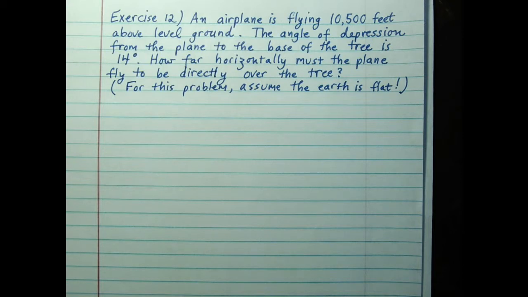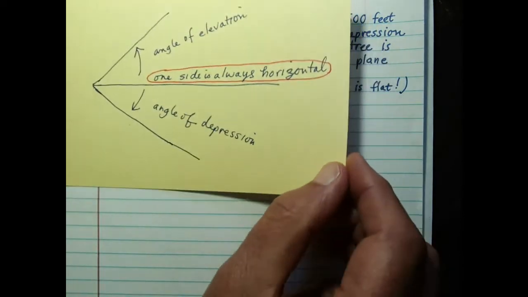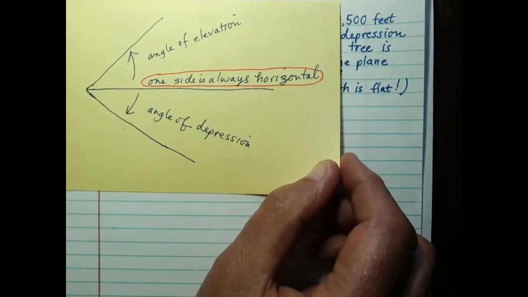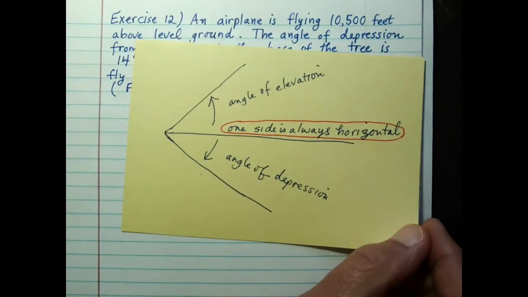Now, you'll see this phrase angle of depression occurs in this problem, and it's really crucial that you understand what angle of depression means. There's really just one fundamental fact to get down, and then you'll never have trouble with it. I wrote this on a yellow card.